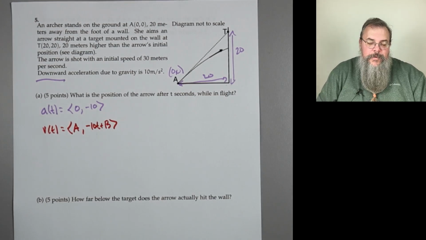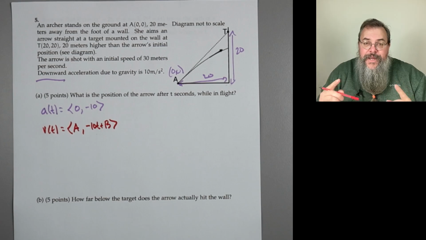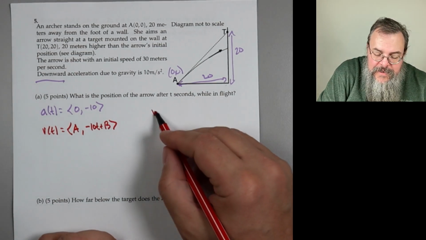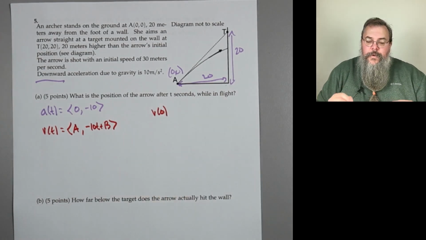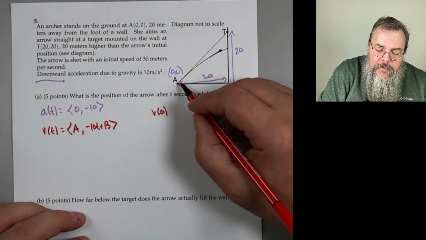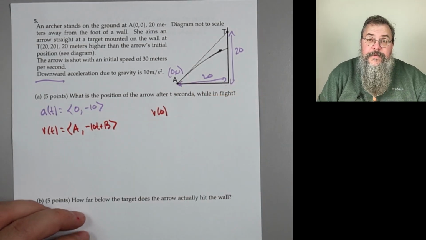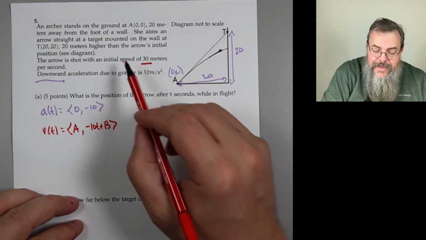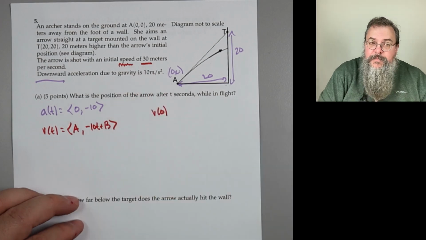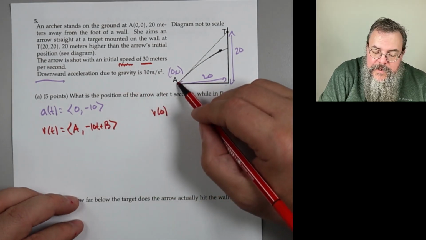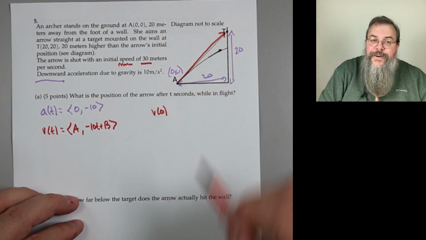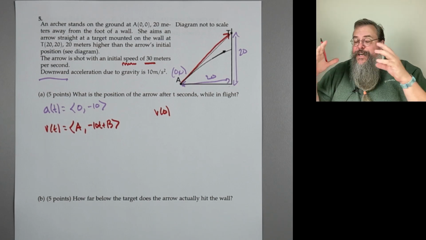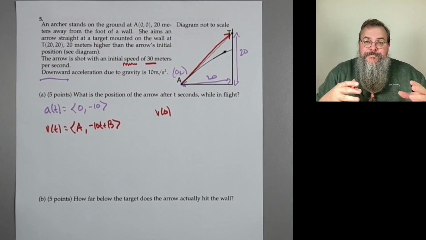Now, we have to stop and say, but wait, what is velocity? Now, that's the fun part. What do we know about velocity? Well, we actually have two pieces of information. We have a speed, and notice they say speed, that's going to be an important word, and we have a direction. Every vector is a combination of magnitude and direction.